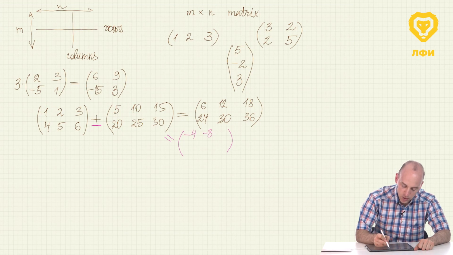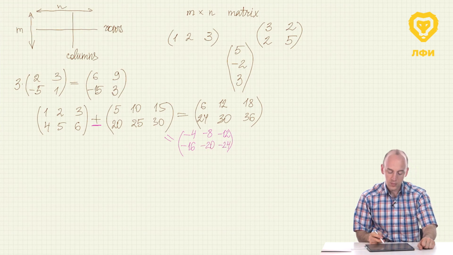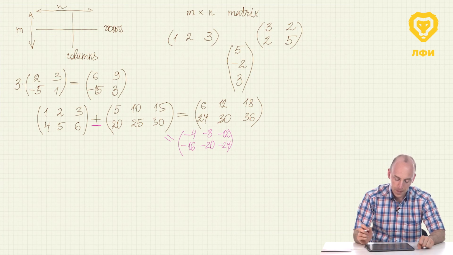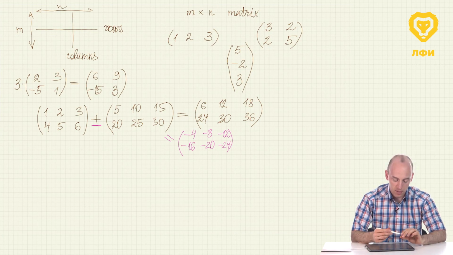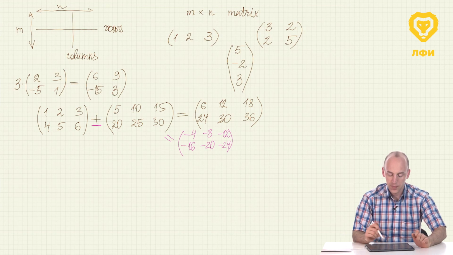After that goes 2 minus 10, it is minus 8. And we proceed in the same way. And it's not difficult to see that we're going to get the following result. So everything with addition, subtraction, and multiplication of matrices by numbers is pretty simple.